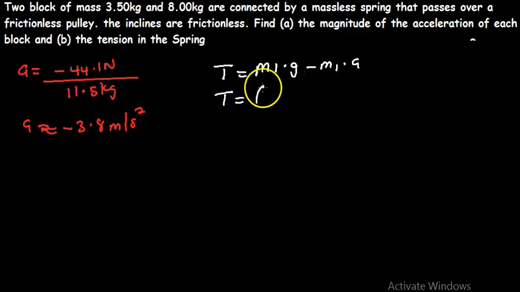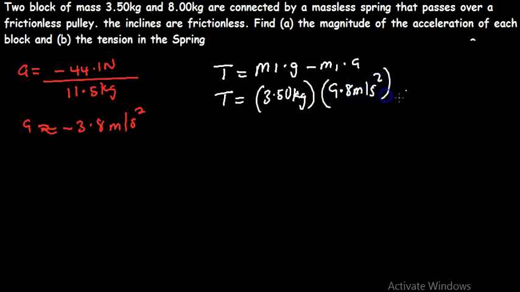My T is simply going to be M1, which is 3.50 kilogram, the mass of the first block, multiplied by my acceleration due to gravity, which is 9.8 meter per second square, minus the same M1, which is 3.50 kilogram also, multiplied by my acceleration.